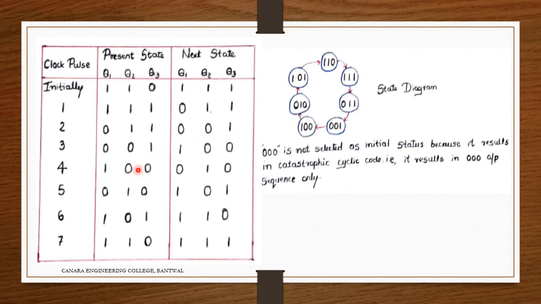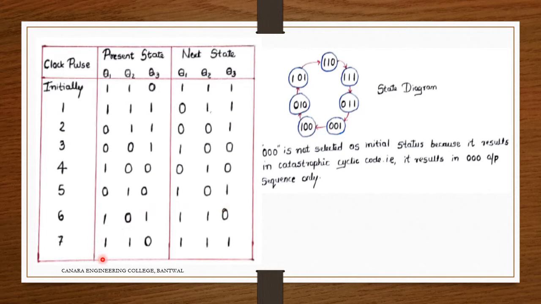Next clock pulse: 0 and 0 gives 0, 0 1 0, Q1 to Q2, Q2 to Q3 shift, then 0 0 1 0. Again 1 and 0 gives 1, 0 will be shifted here, 1 will be shifted here, then again 1 0 1. 0 and 1 gives 1, 1 will be shifted here, Q2 again here.